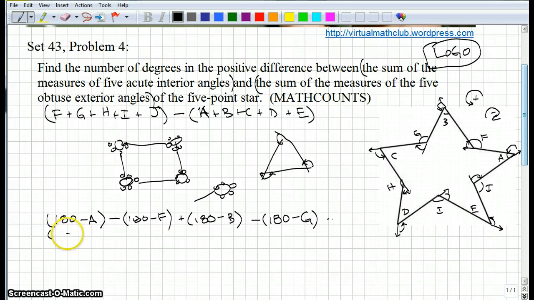Now we get to that angle C, and we're going to turn in the positive direction, 180 minus C, and then we turn back, and we go 180 minus H, right?